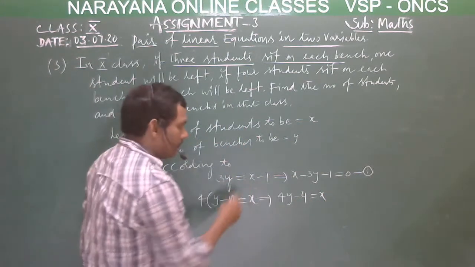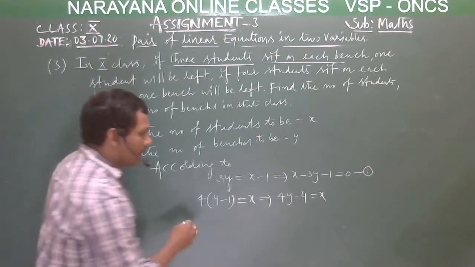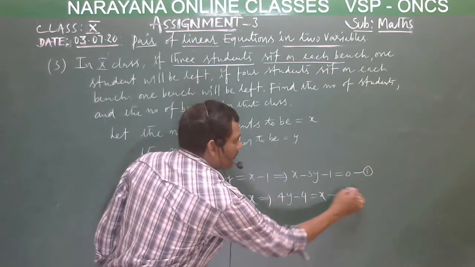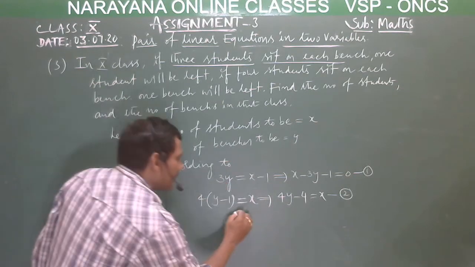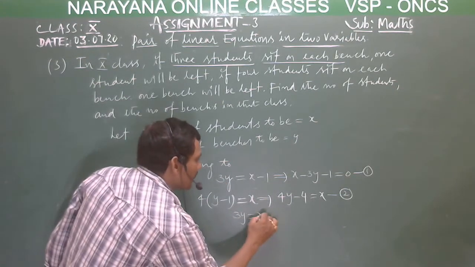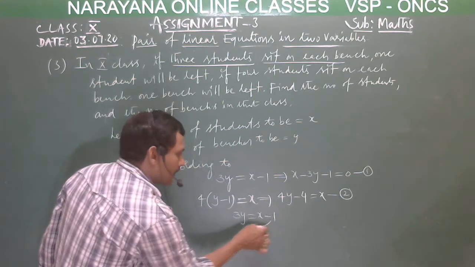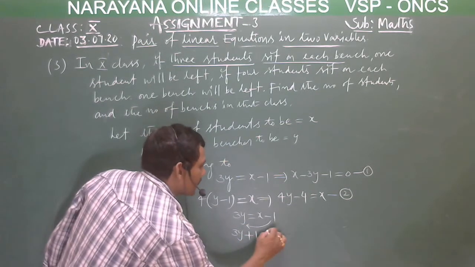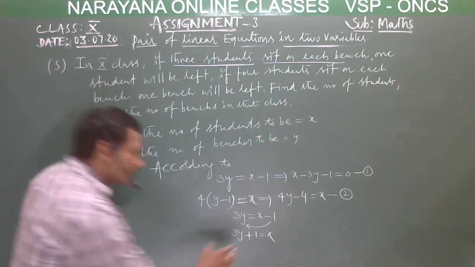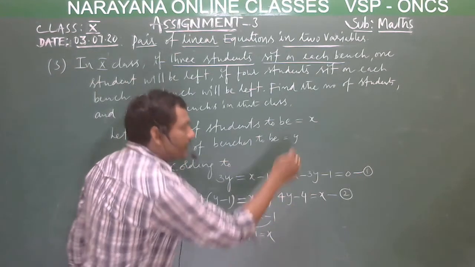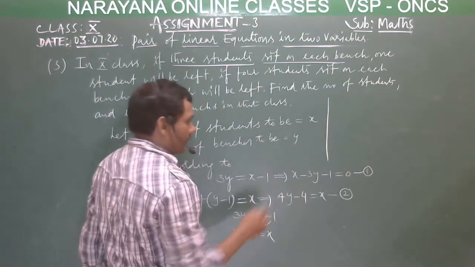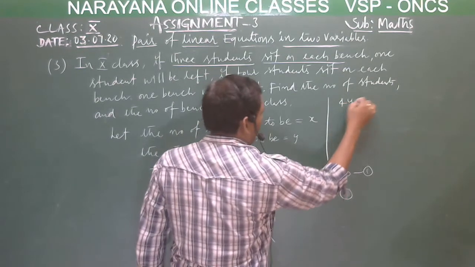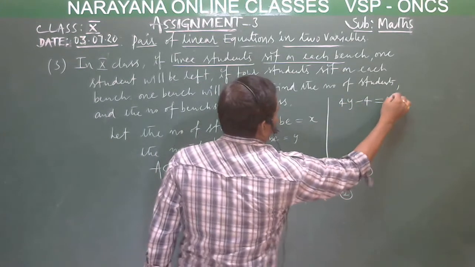Here in equation number 1, 3y equal to x minus 1. Its minus 1 will be getting here 3y plus 1 equal to x. This x value will be substituted in the second equation 4y minus 4 equal to x.